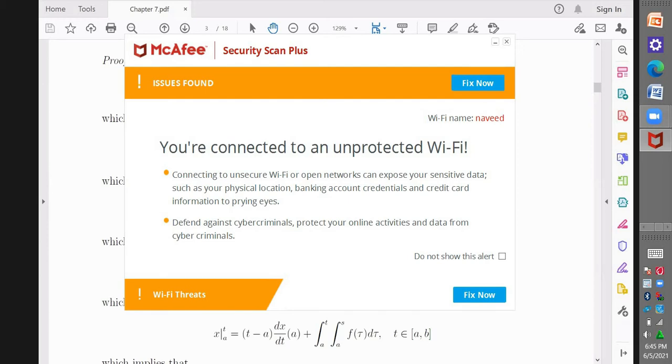So integral from a to t of this is just (t minus a) into dx over dt at a, plus integral from a to t, then integral from a to s, f of tau d tau, then ds, where t belongs to [a, b].